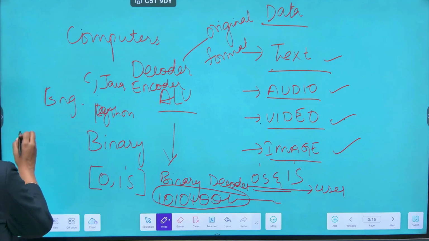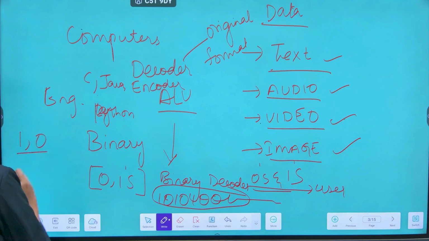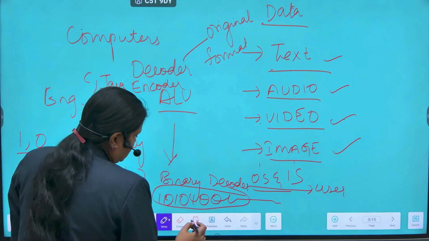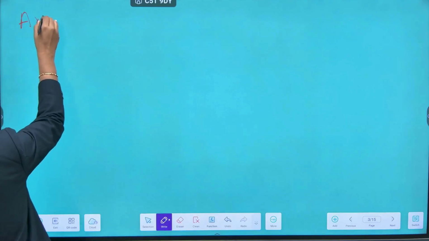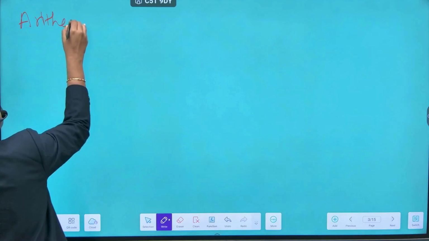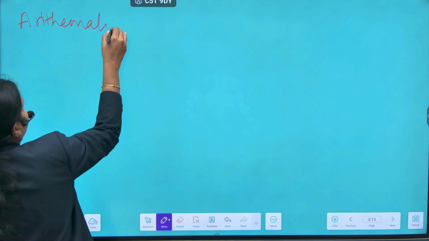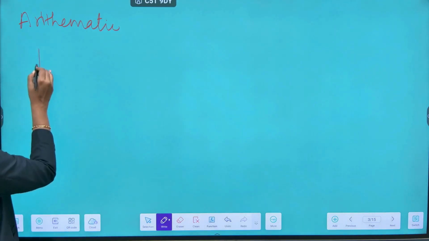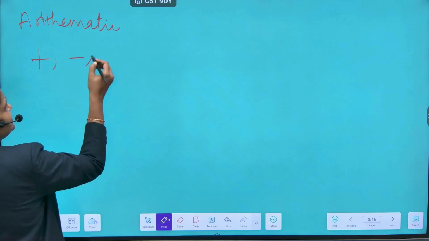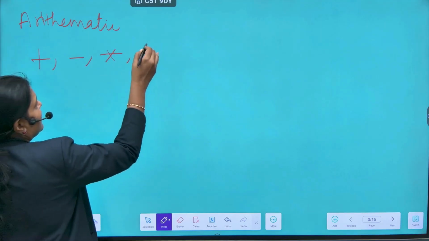So now we are going to deal with ones and zeros only. Let's look into arithmetic operations, that is addition, subtraction, multiplication and division.